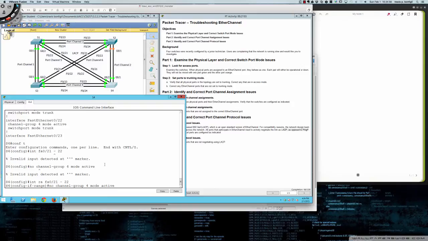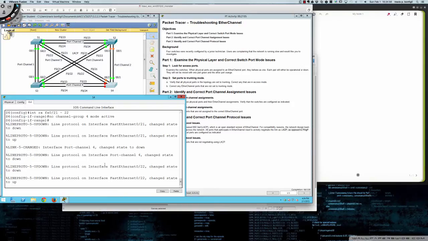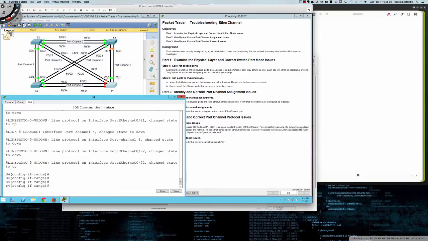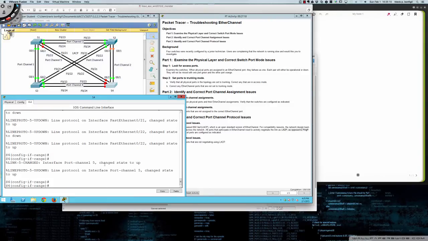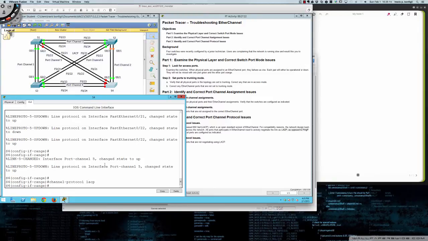They're working right now, right? But we're going to pull them out of there because they should be channel group 5 mode active. And again, best practice is to say channel protocol LACP, right?